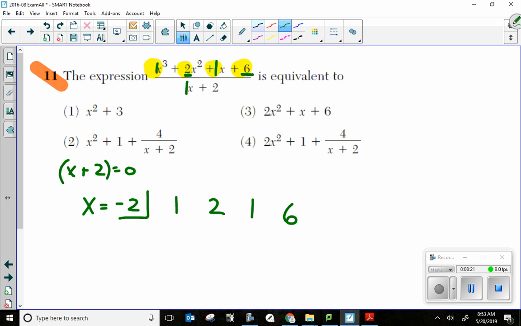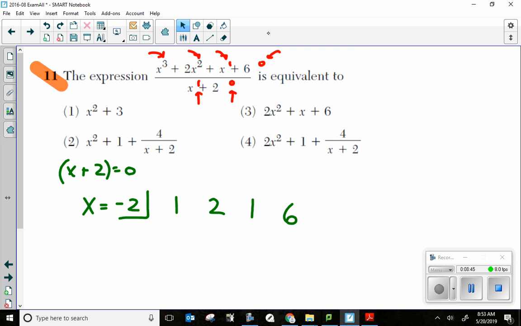Now, keep in mind, I didn't say this out loud, but you always need to check. I checked this in my head. I am not missing a single term up here. I have x cubed, then a power of 3, power of 2, power of 1, and that technically has 0 x's, good. I'm not missing any terms, so I can go ahead and do synthetic division.